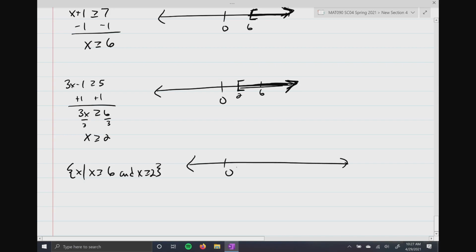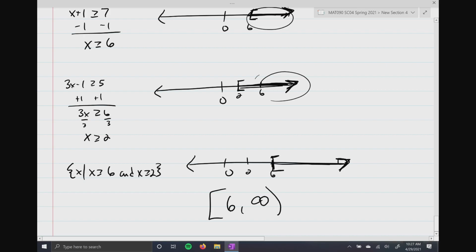So there's my 0, there's my 2, there's my 6, and the overlap occurs right there where I have those circles drawn. So the first solution is including 6 and then going to infinity. Good? Any questions? All right, we'll do the next one.